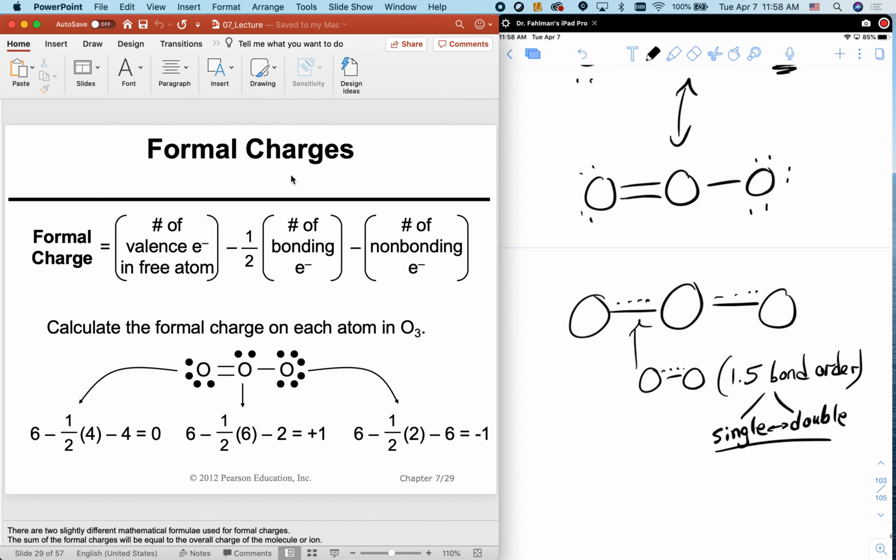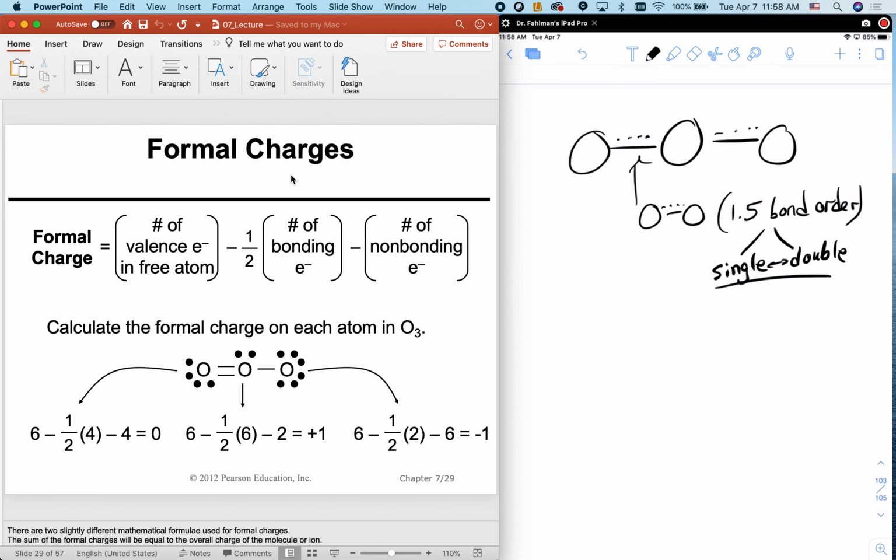Again, the formula I have always used is just the number of valence electrons minus the number of bonds emanating from that atom minus the number of individual electrons. Okay, just count up the dots, not as pairs, but individual dots around it. Okay.